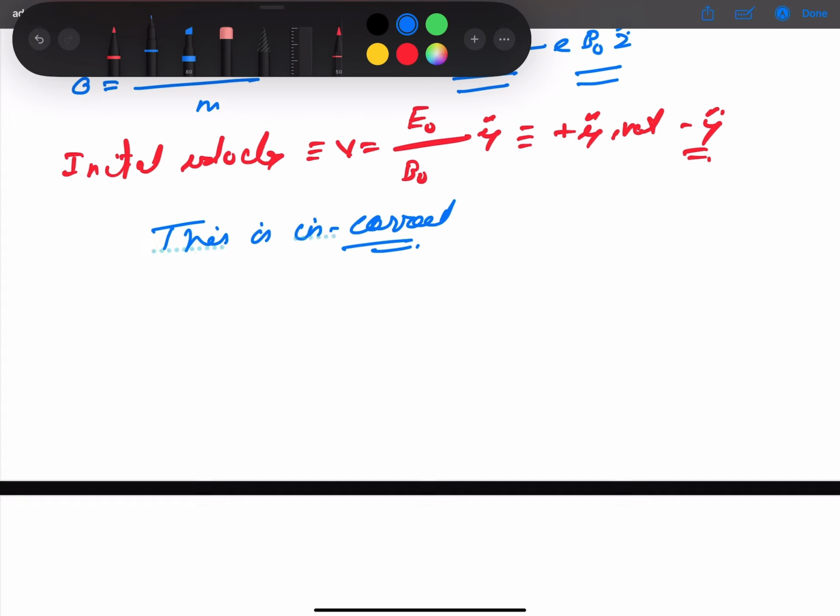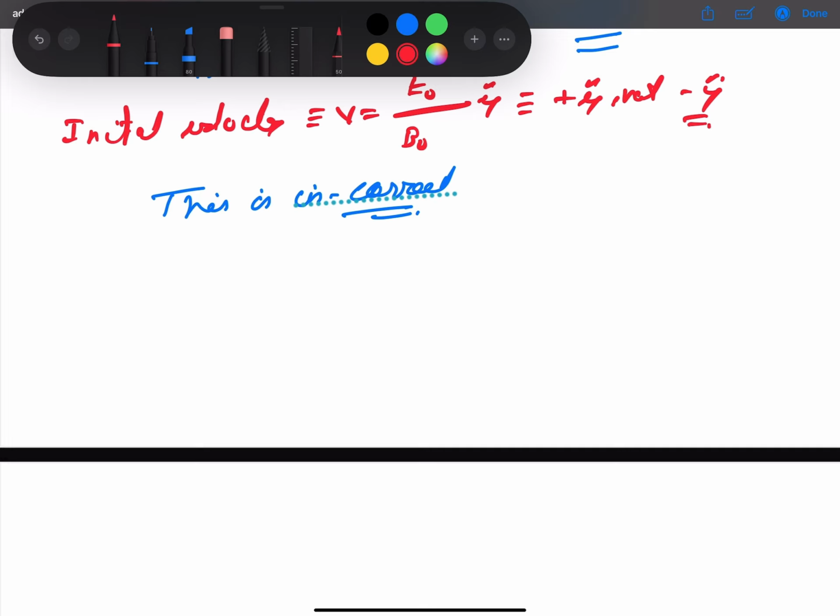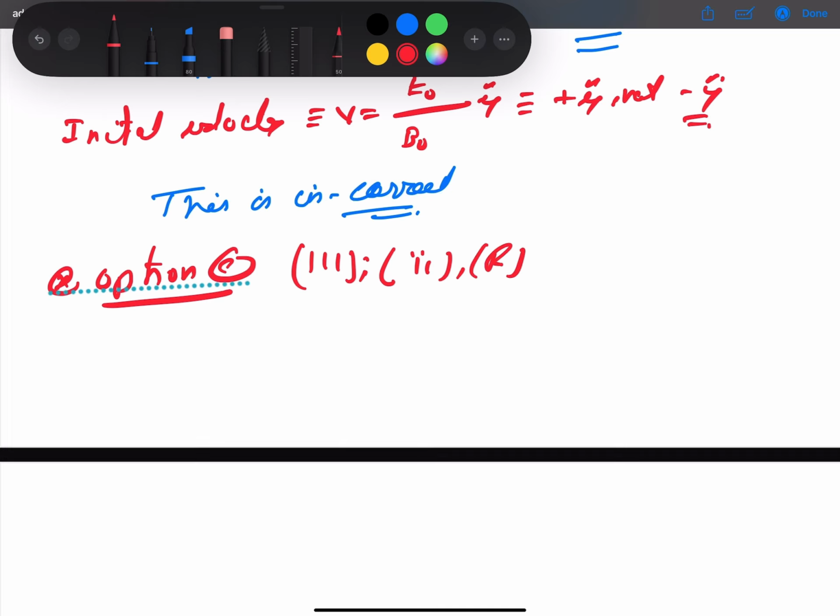Now we come to option C. Option C gives us that third matches with second and the alphabet is R.